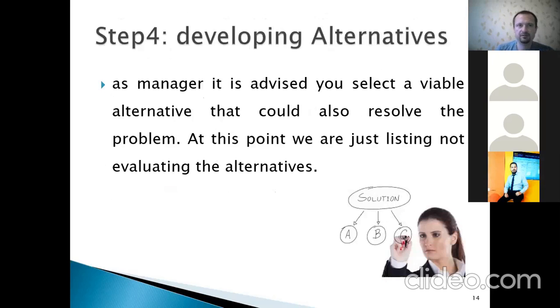Developing alternatives. The next step is to think about possible ways of some selection activity. Generally, I would say that it is the second most difficult step in decision making.